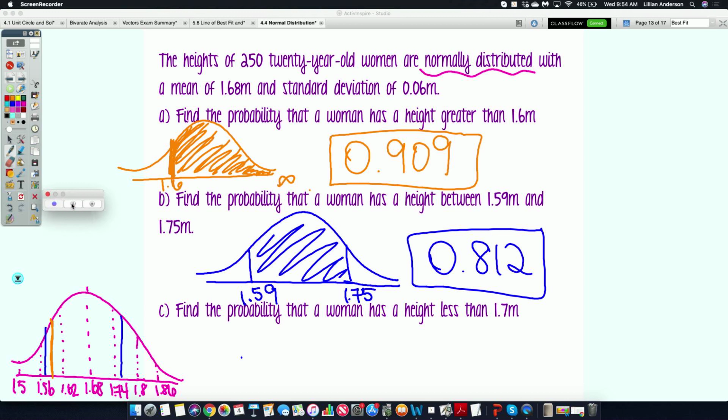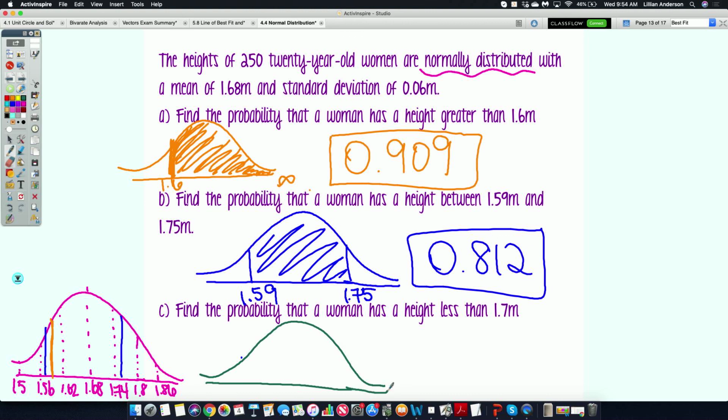So 1.7 is not on my standard deviations. So I am going to have to use my calculator again. And it says less. So is that to the right or the left of that line? So there's my method to indicate I'm looking for this probability.